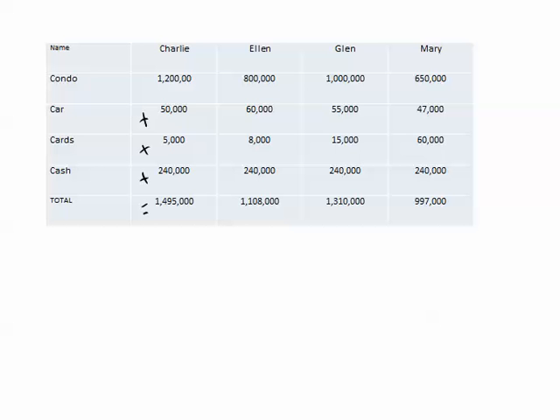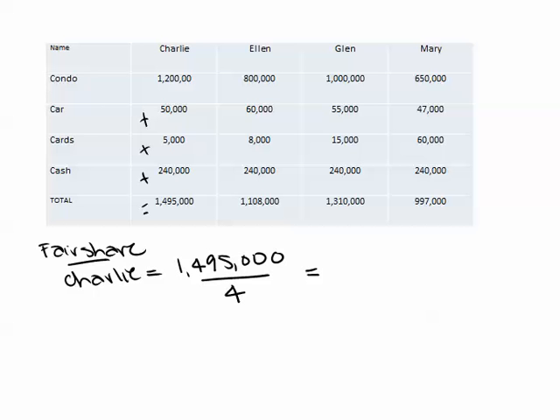His fair share would be 1/4 of that, since this is being divided by 4 people. So his fair share of $1,495,000 divided by 4 means that he should get $373,750 worth of items in cash.